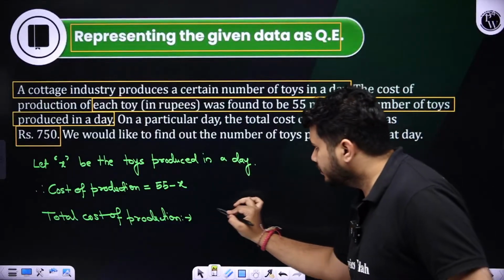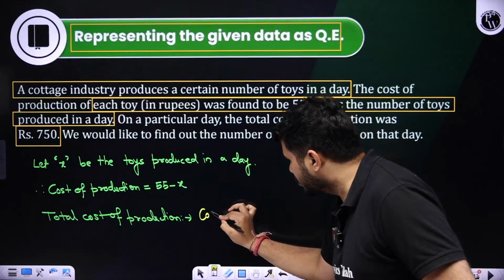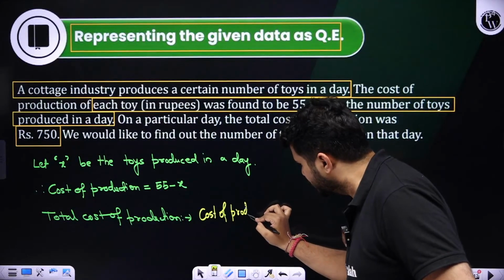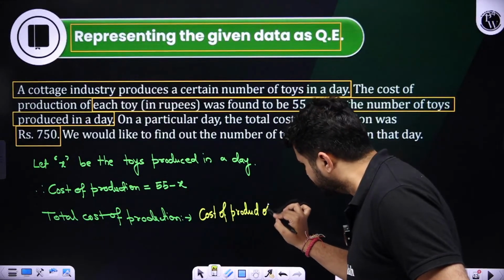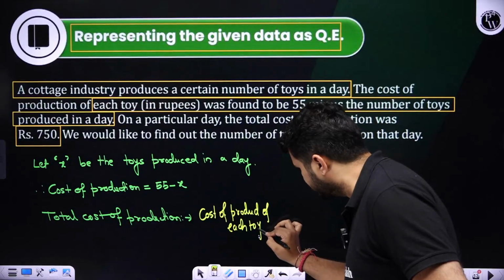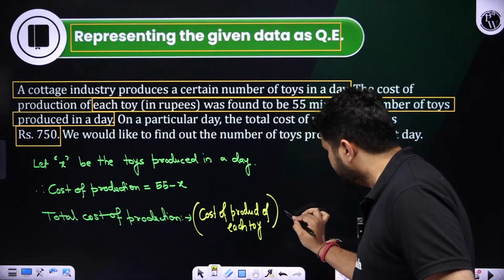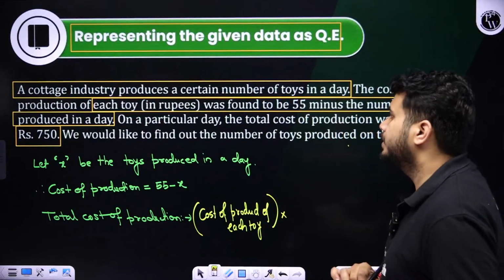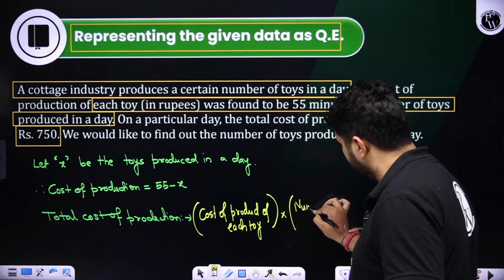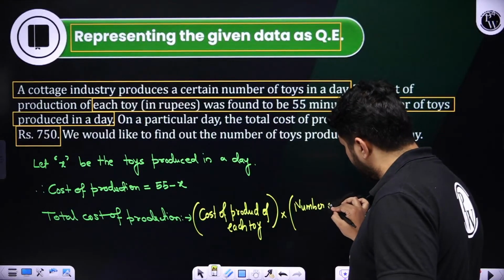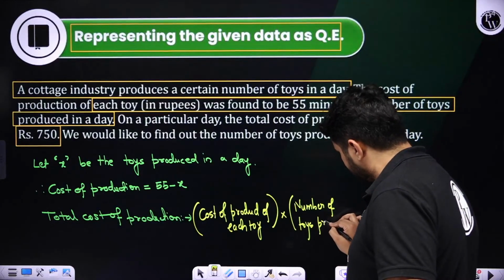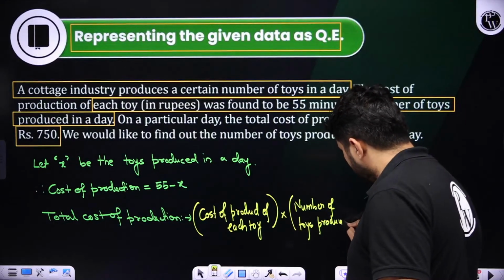They are telling that total cost of production will be cost of production of each toy multiplied by the number of toys produced. Clear? Yes or no?